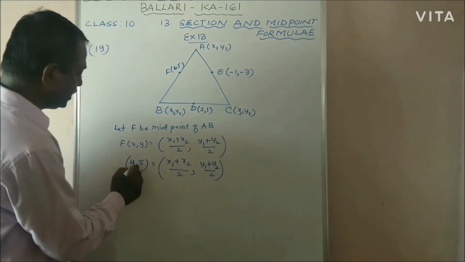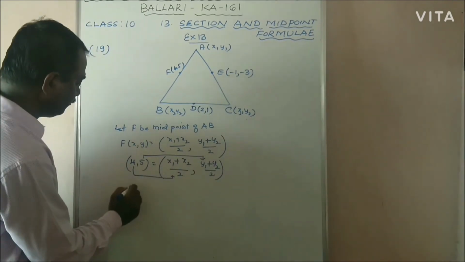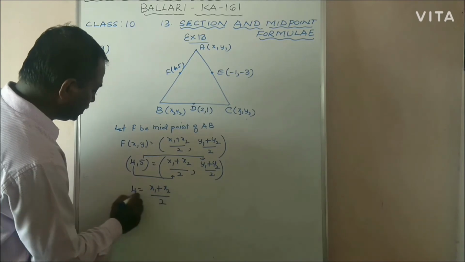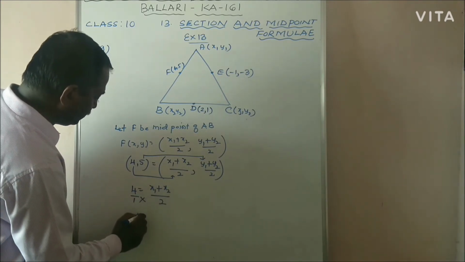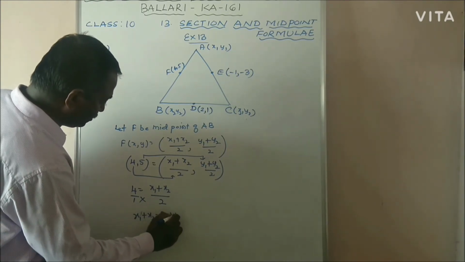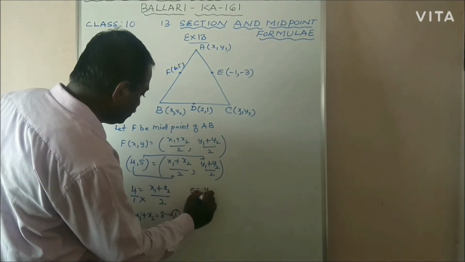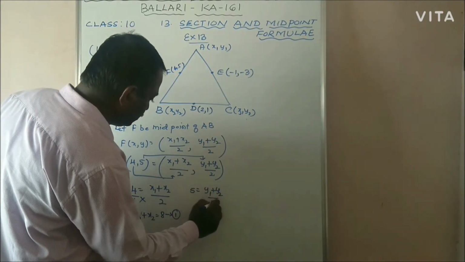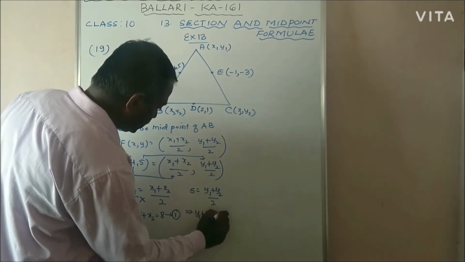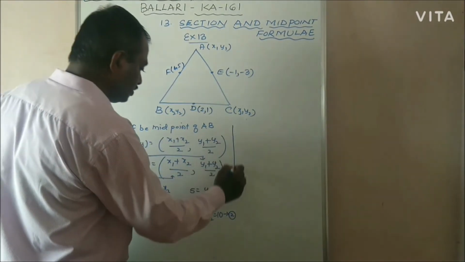Equate x coordinates with the x coordinates, y coordinates with the y coordinates. 4 is equal to x1 plus x2 by 2. This implies x1 plus x2 is equal to 8, equation number 1. Similarly here also 5 is equal to y1 plus y2 by 2. This implies y1 plus y2 is equal to 10, equation number 2. Okay. Now we will go to the next part.